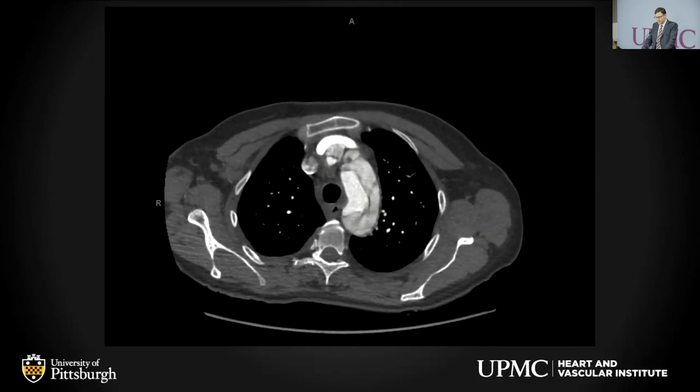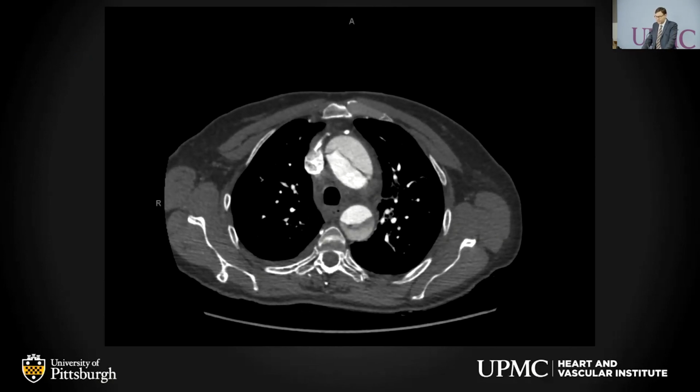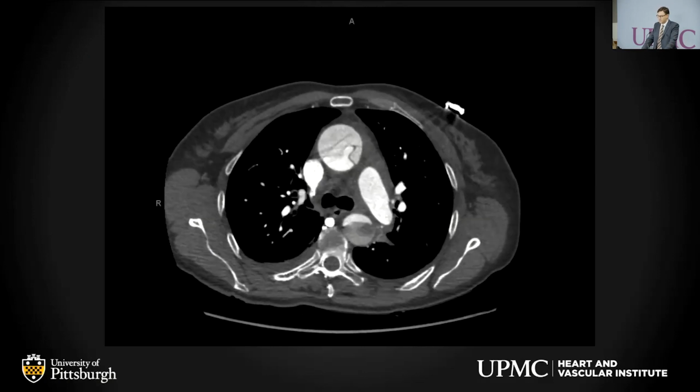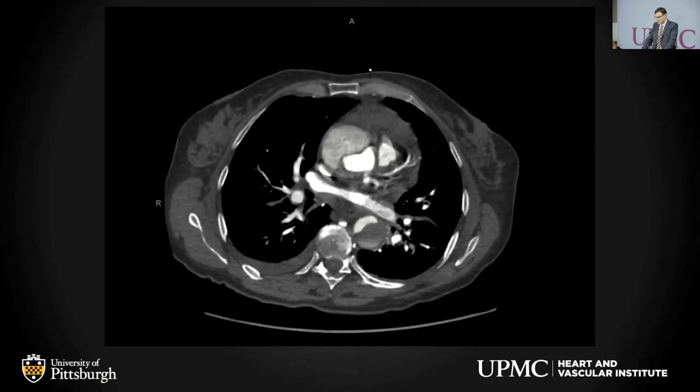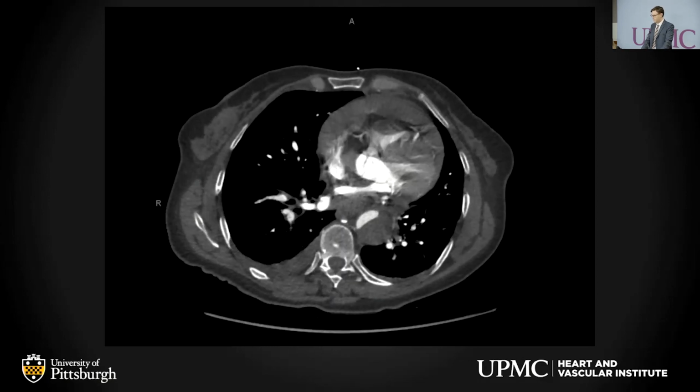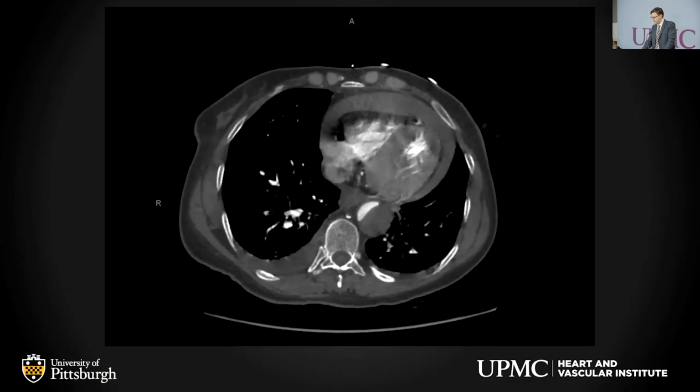As you can see, she was found to have a DeBakey type 1 aortic dissection involving the innominate and the left carotid. She also had a pericardial effusion concerning for a contained rupture.